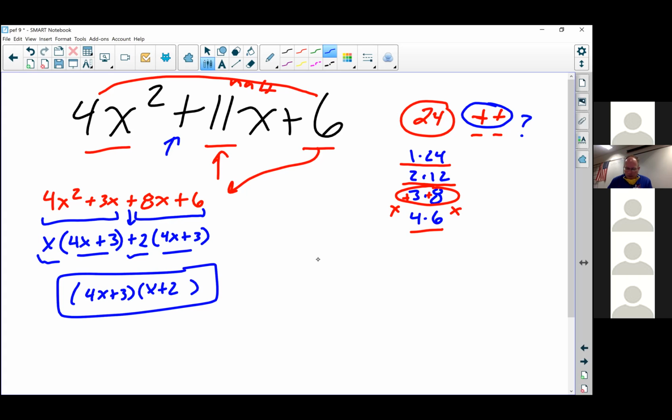Okay, so my assignment is going to be PEF number 9. And we're going to do the odds. So I'm going to say that 1, 3, and 5, we just multiply them out.